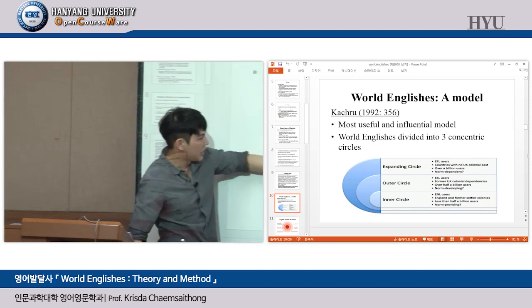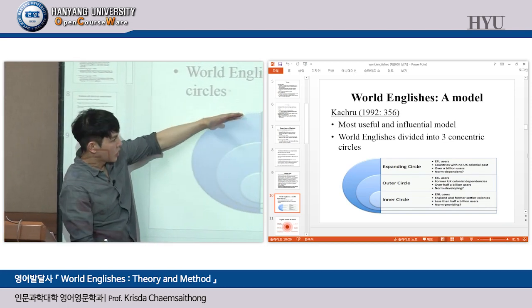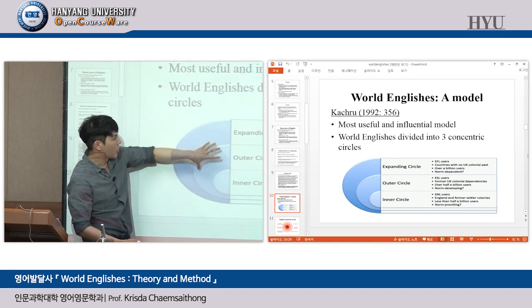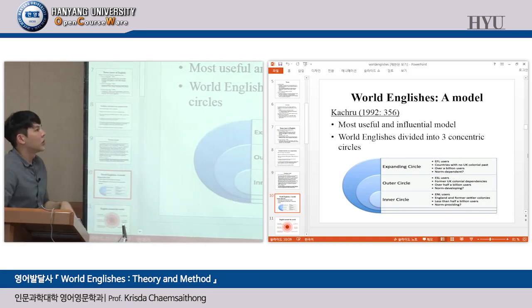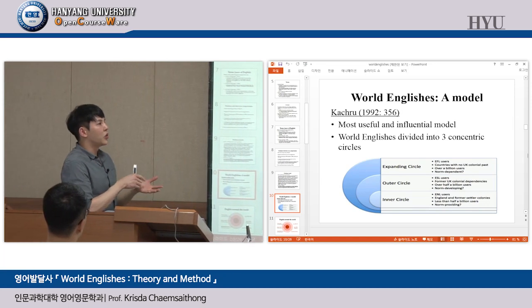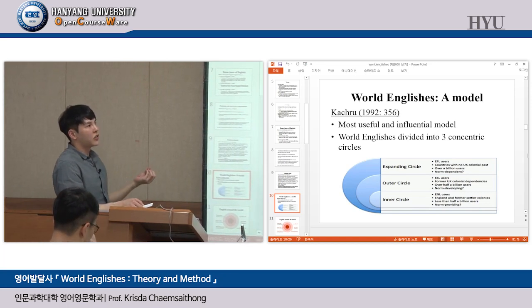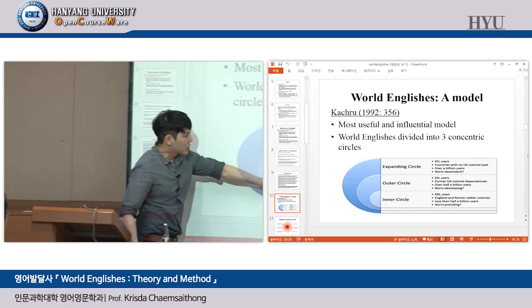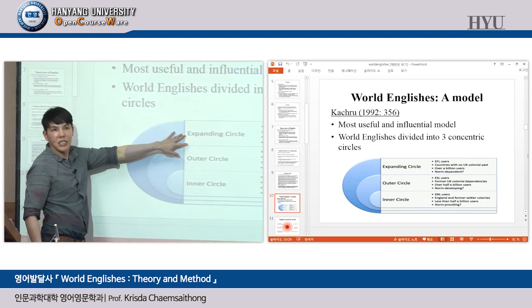This is the center, and this is like outer, this is also outer area. So this is the center, concentric, and then outer, and then expanding circle. So he divides English into three concentric circles, with the inner circle, outer circle, and expanding circle, right?